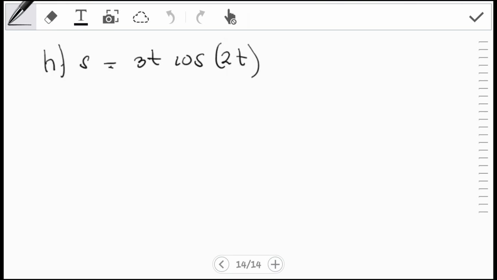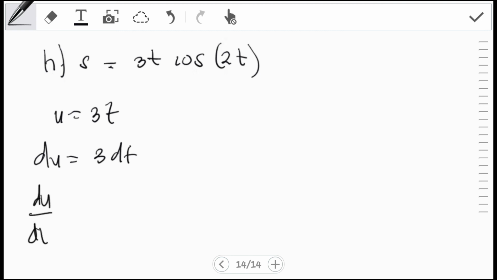So what is the first derivative of s is equals to 3t cosine 2t? So let u is equals to 3t, then du here is equals to 3 dt. So where du over dt is equals to 3, then v here is cosine 2t.